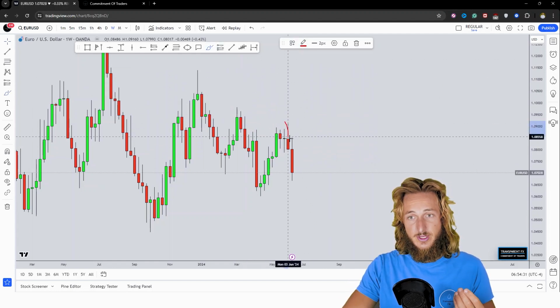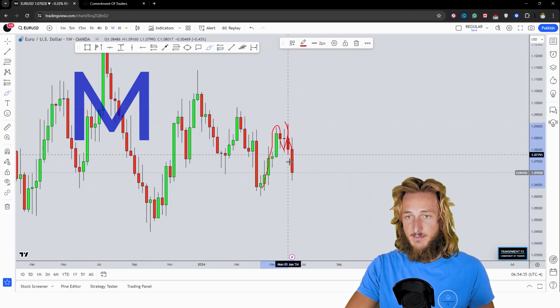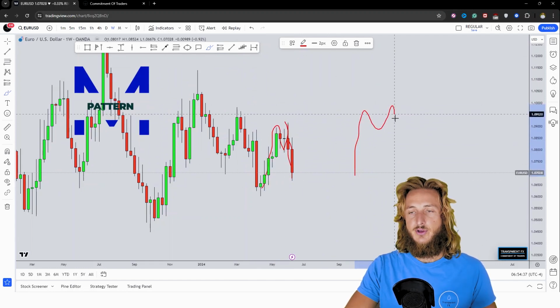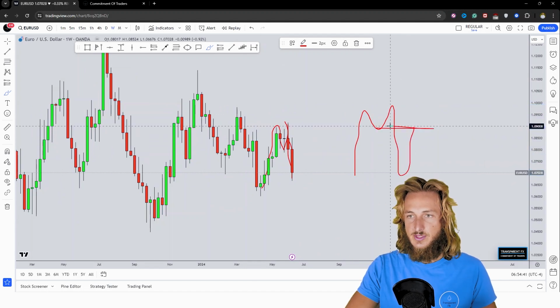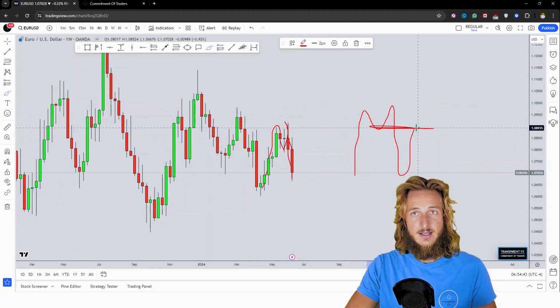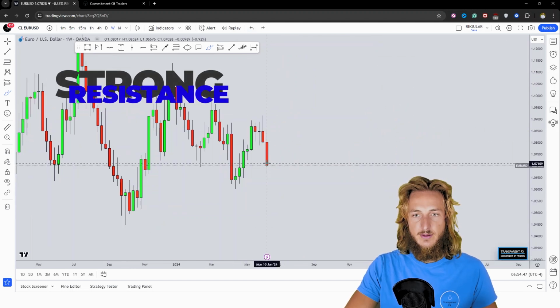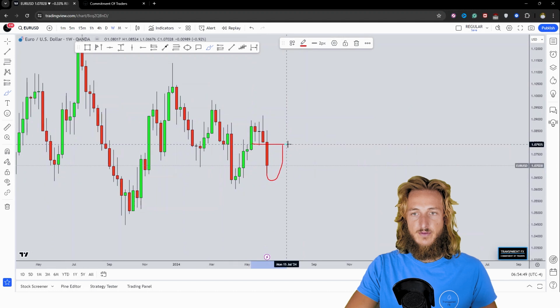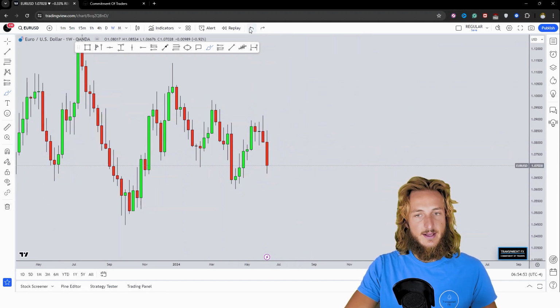In creating this move to the downside into that confluence of support, the market has also created this M pattern. And in general, after the creation of an M pattern, what you would expect is a potential rejection to the upside, completing the M pattern at the neckline, which is the previous support turn resistance. So here in the weekly time frame, there is definitely the possibility of a potential reversal higher for the completion of this pattern at the neckline.